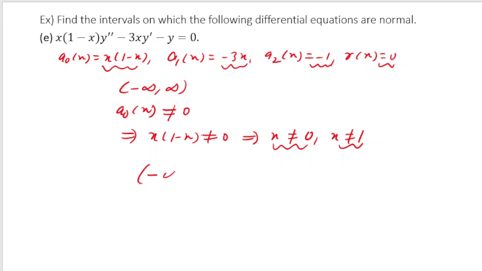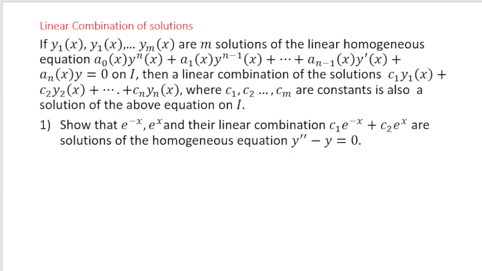So what will be the interval? The interval will be -infinity to 0, 0 excluded, then we take the interval 0 to 1, so 1 is also excluded, and then we take 1 to infinity. So this is the interval in which this differential equation is normal, or in any sub interval of this interval also the differential equation will be normal. Okay, so this is the first important concept.